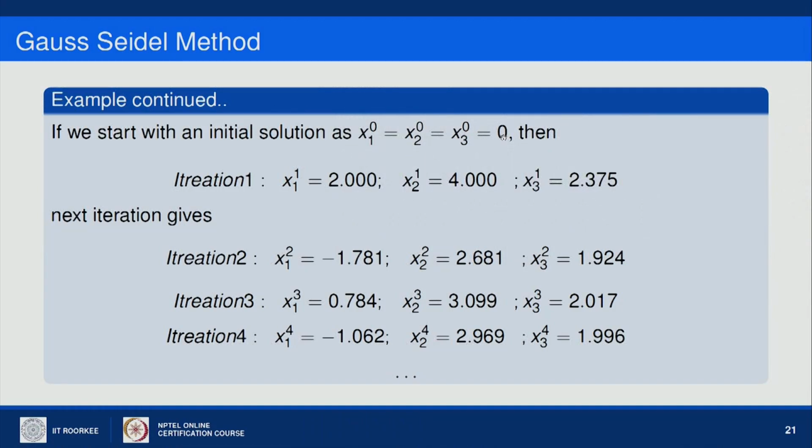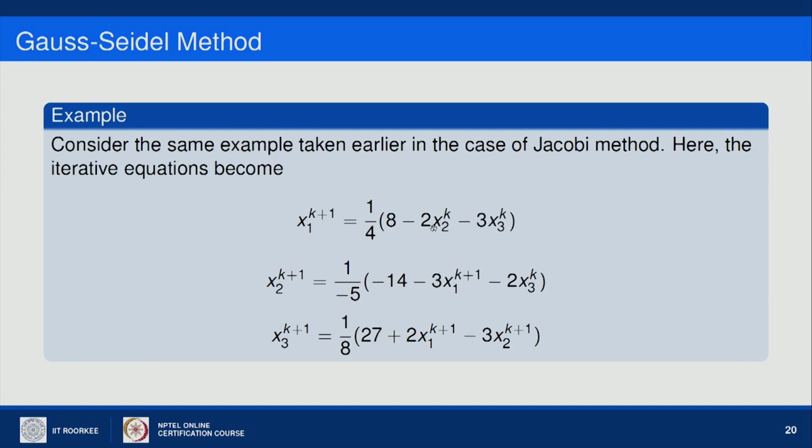Initially I am taking a zero vector as the initial solution. In the first iteration I put x2 = 0 and x3 = 0, and I get x1(1) as 8 upon 4, that is 2.